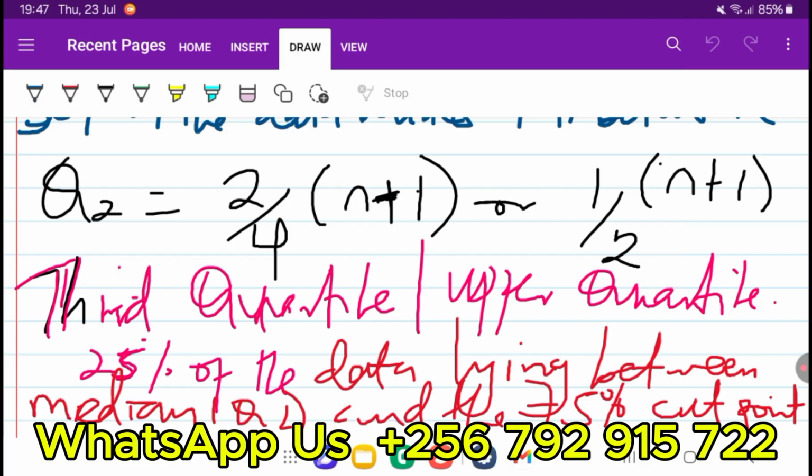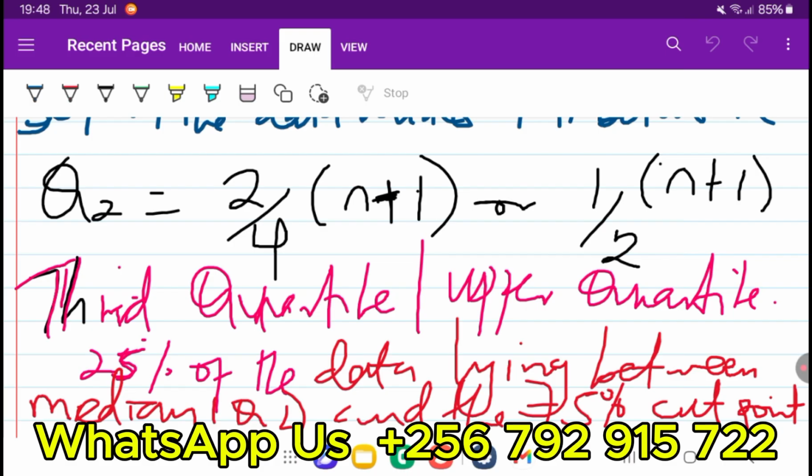So it shows that 25% of the data set is larger than the Q3, because what is left from 100 minus 75 gives you 25. So 25% of the data set is above Q3. Remember, these are positions.